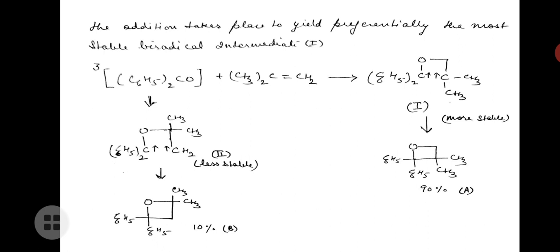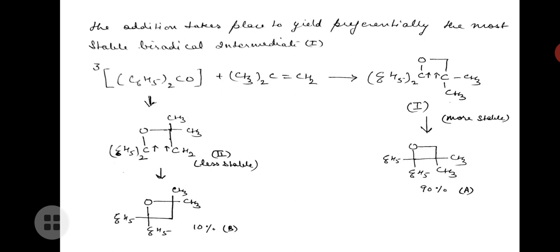Then in the second step, spin inversion takes place, the second bond is formed, and cyclization leads to oxetane formation. So this is the complete mechanism of the reaction of benzophenone with isobutene yielding oxetane.